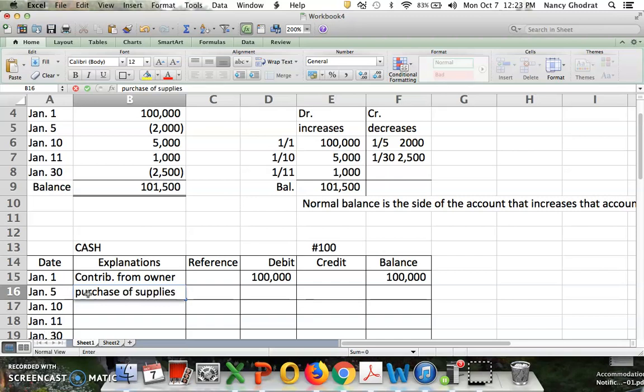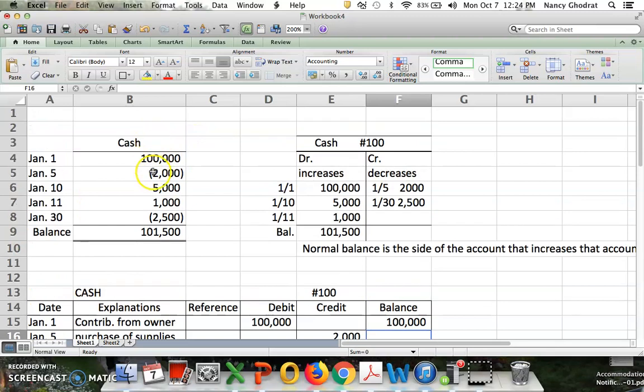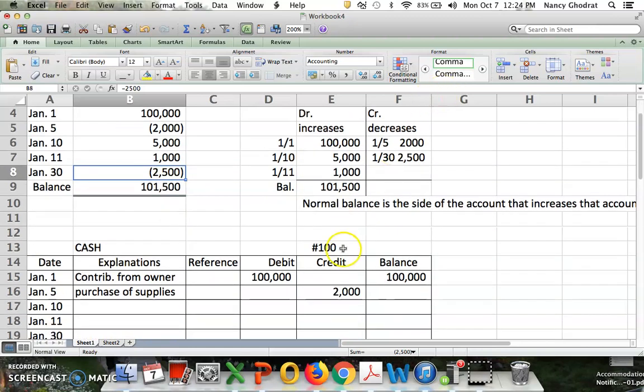I have these transactions memorized. We purchased $2,000 of supplies and we paid cash. Now notice that in column format we were using negative when we were using our cash. However, in the T account or standard format, we will not use a negative number anymore.